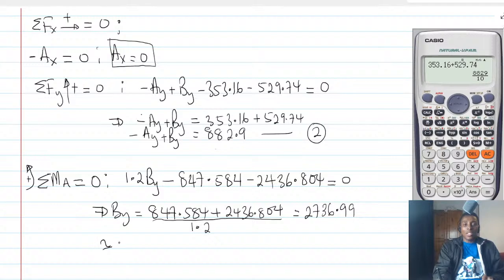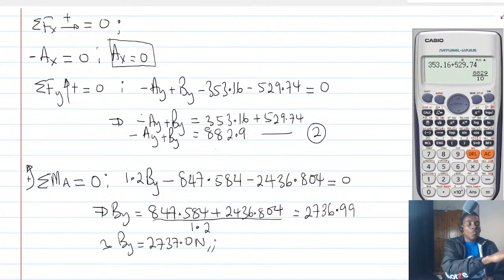So approximately your By is going to be 2737.0 newtons. Alright? So now we have been able to solve for By. So if you want your AY, what do you have to do? You go back to the equation and then you just solve for AY.